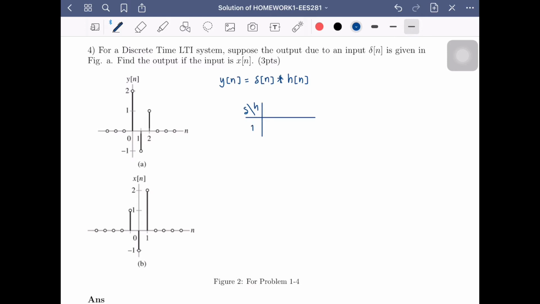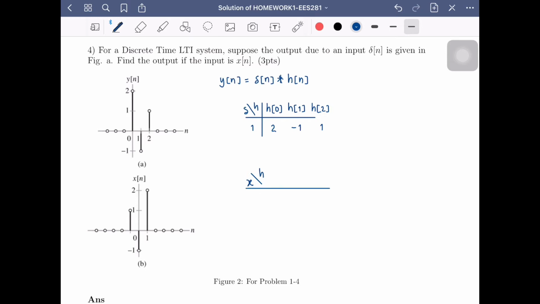We have delta with the value of 1, and h[n] is 0, h1 and h2. We got y[n] equal to 2, -1 and 1, like this. Then for x[n], we have to find the multiplication between x and h.